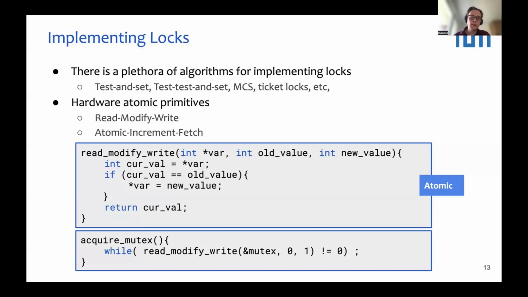Once it releases it, that other thread sets it to 0. And at that point, our thread observes it's 0, we'll set it to 1, and then the function returns the 0. And that means it would have acquired the lock. So crucially, this read modify write should thus be implemented as an atomic instruction by the hardware.